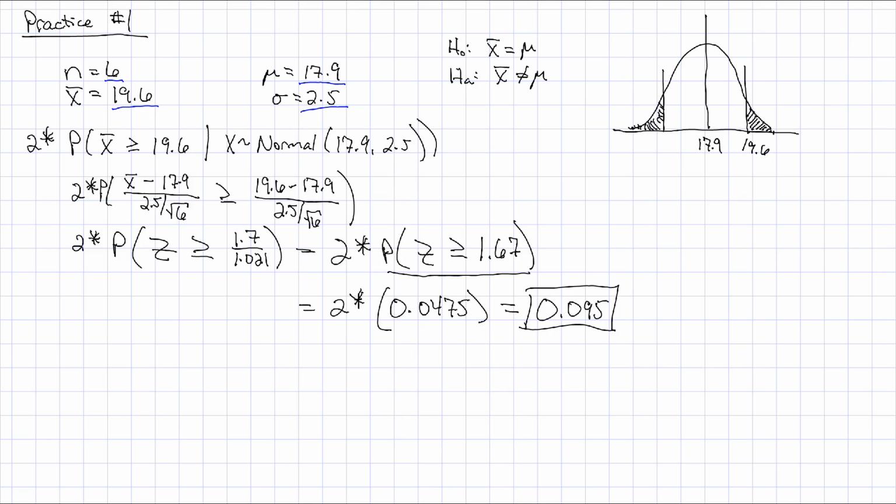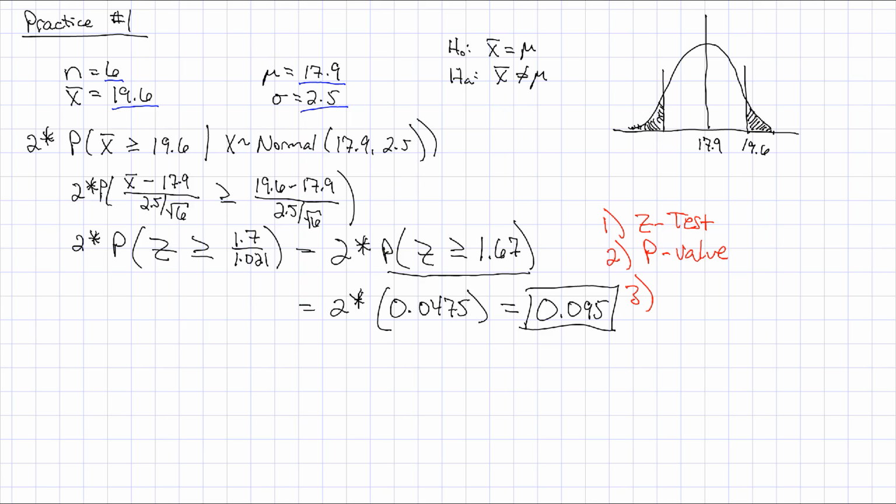So what would we report in our results? Well, we report that we ran a z-test, number 1. We would report this p-value, and we would write our interpretation. So in this case, the probability that we would get a sample mean of 19.6 or something more extreme just by chance is more than 0.05.